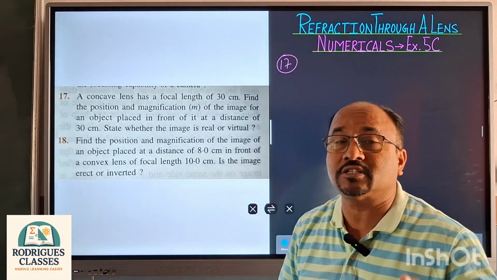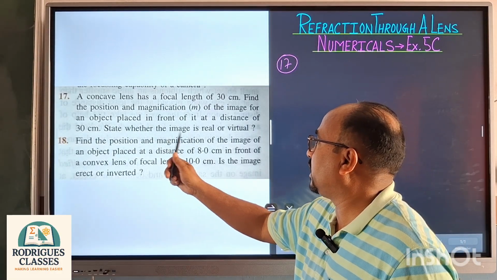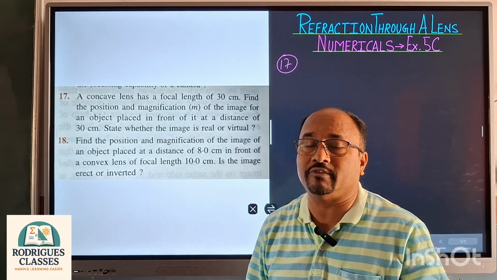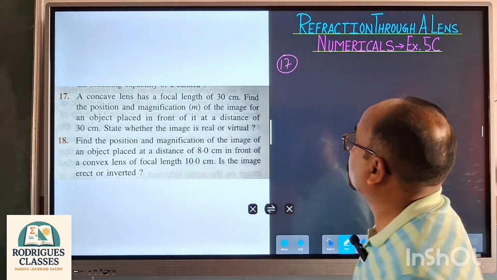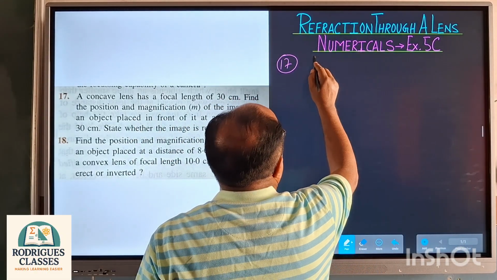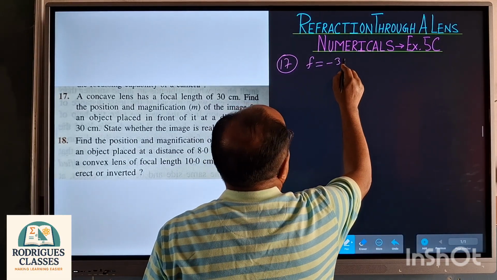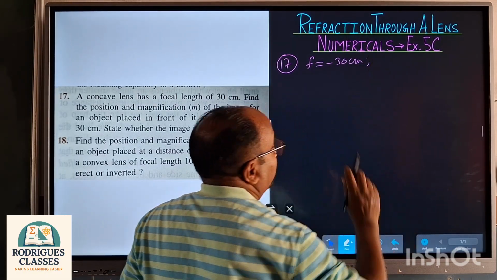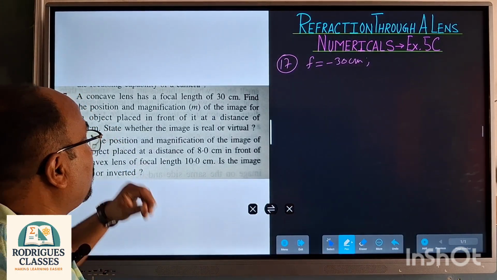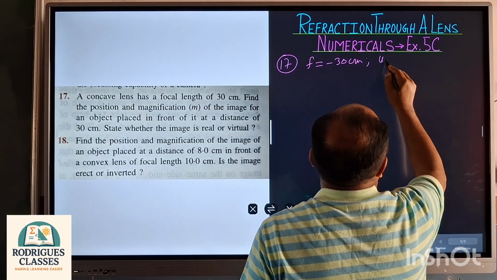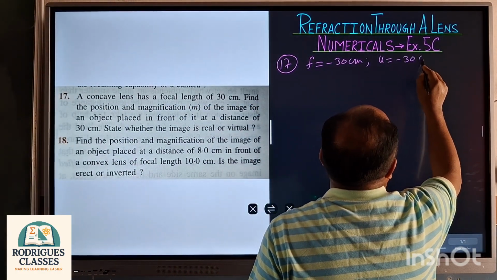So object distance is 30 centimeter, and you have to state whether the image is real or virtual. Once you get the value of V, you can comment upon this. So we write first of all focal length minus 30 centimeter, very important. If you forget that minus, results will be wrong. And then object distance is 30 centimeter, U to be taken as minus.